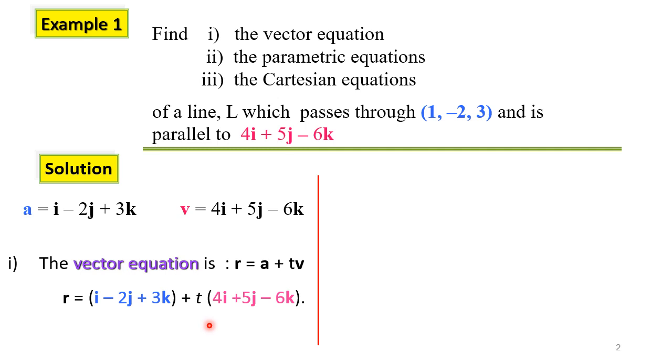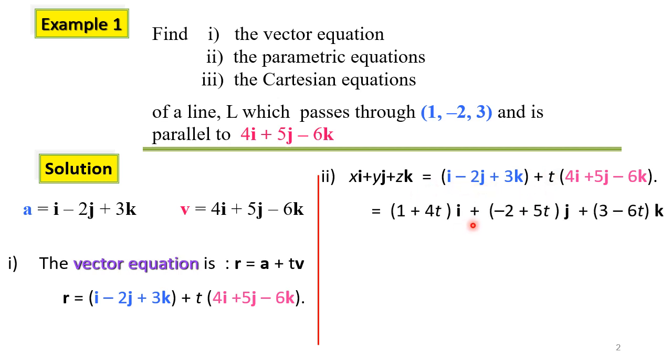Next, we move to the second part, to find the parametric equation. From this vector equation, we replace r with xi + yj + zk. Then we expand the right hand side and group together i, j and k.